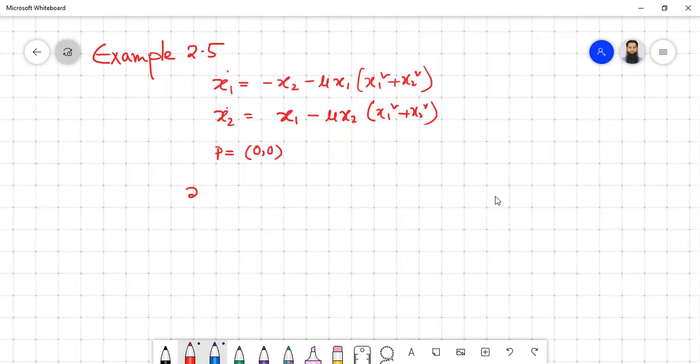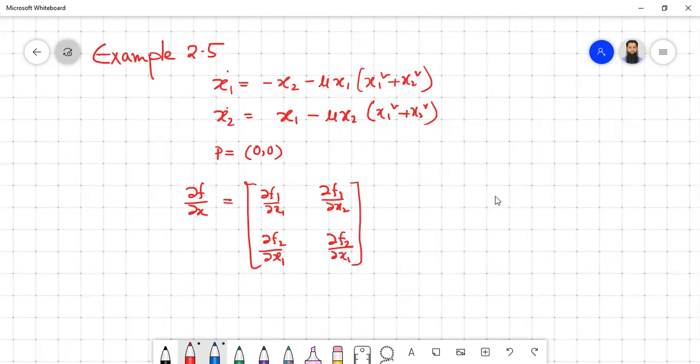So del f by del x is del f1 by del x1, del f1 by del x2, del f2 by del x1, and del f2 by del x2, and then after solving it we have to replace the point here.